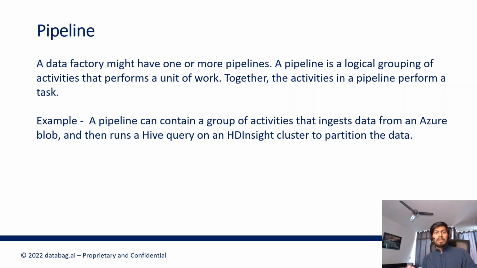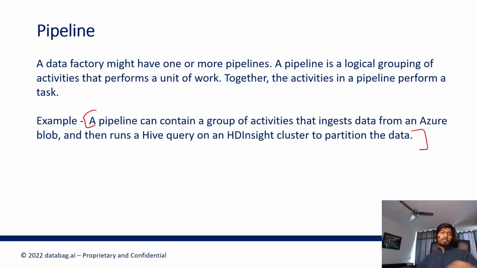For example, this is a standard example which I have copied from the Microsoft side. Microsoft has very detailed documentation on their site about every service. But here we are trying to break them down into simple terms so that it will be easy for you to understand, rather than reading the whole document, because it's text and sometimes it gets boring.